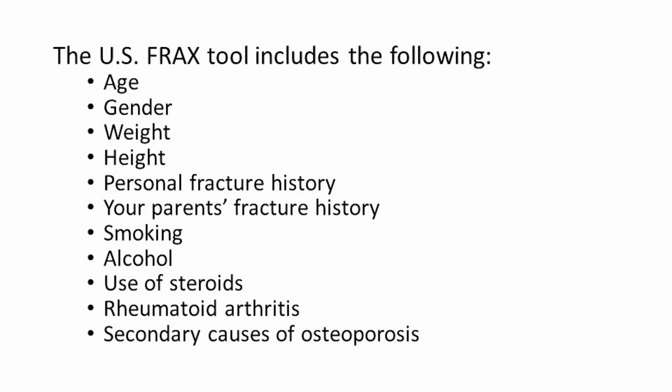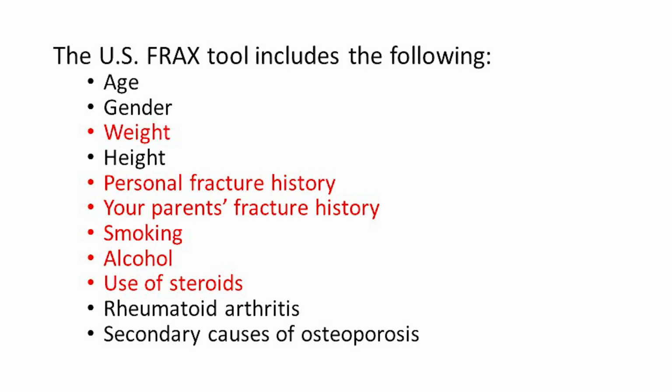So let's see how many of these factors the FRAX tool includes in determining your risk of fracture. The United States FRAX tool includes all of the following: age, gender, weight, height, personal fracture history, your parents' fracture history, smoking, alcohol, use of steroids, rheumatoid arthritis, and secondary causes of osteoporosis.